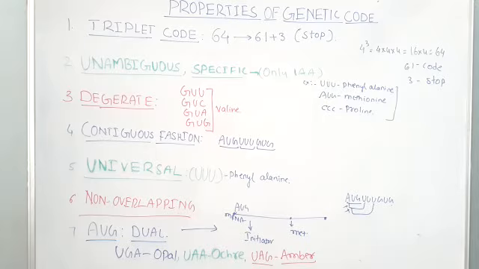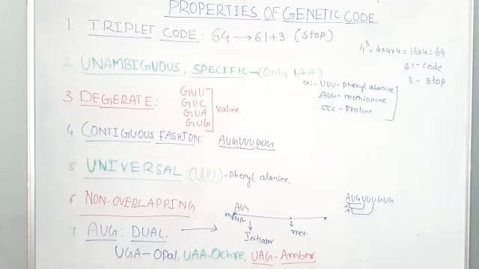In unambiguous, one amino acid is coded by one triplet code, but in degenerate, a single amino acid can be coded by more than one triplet code.